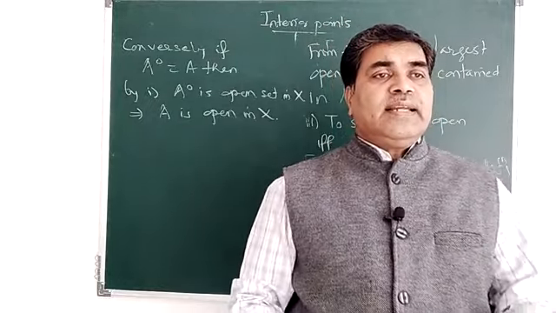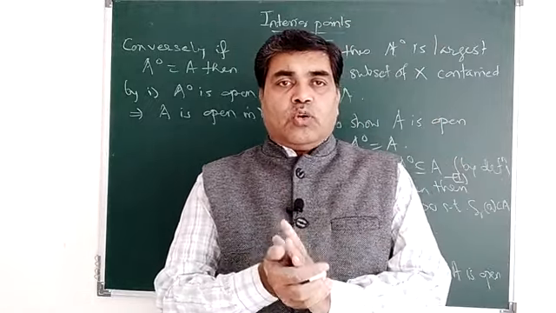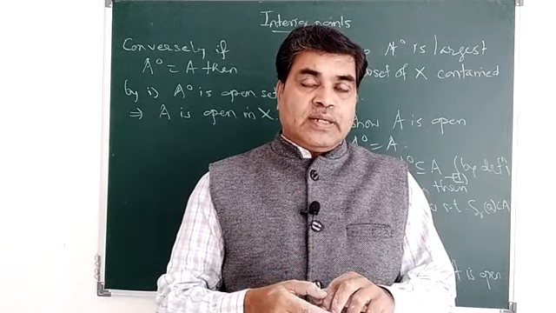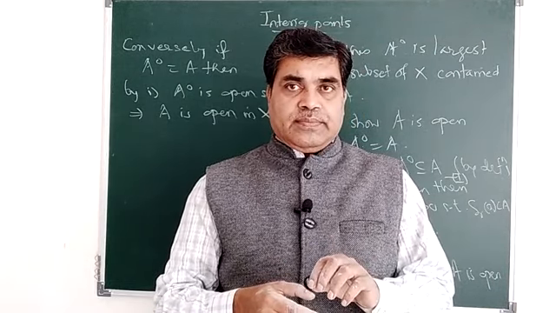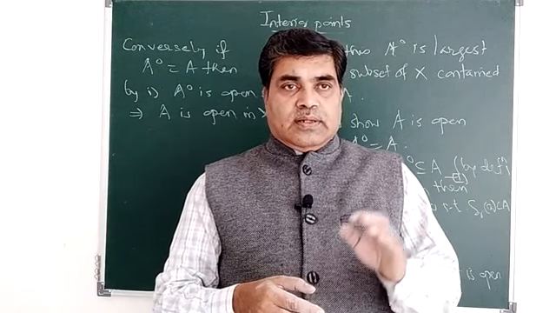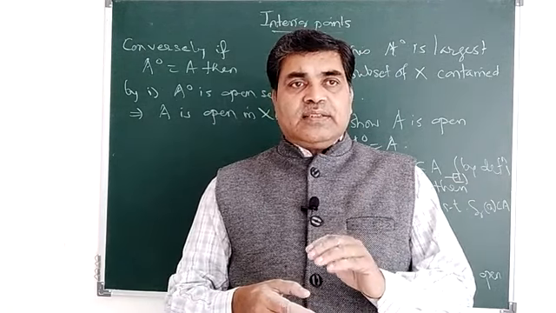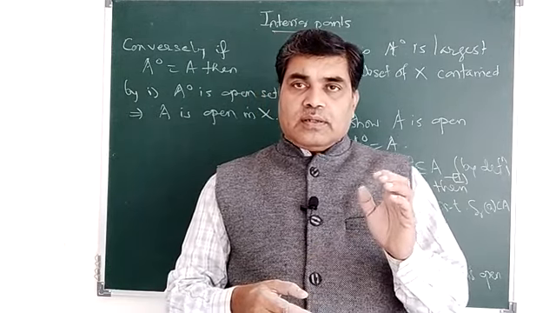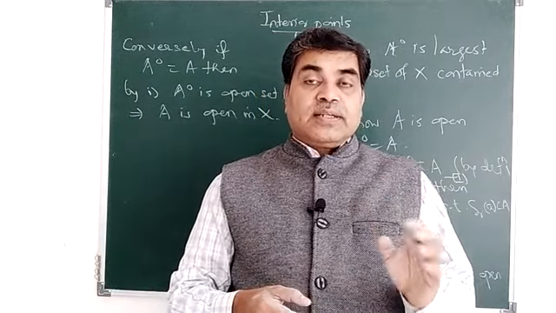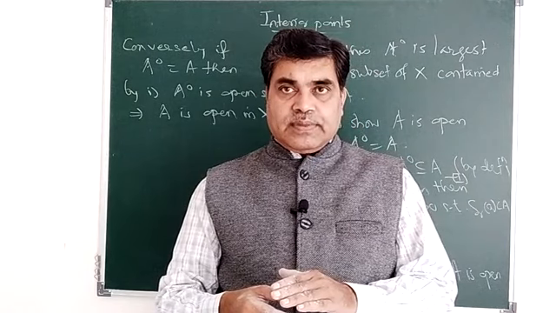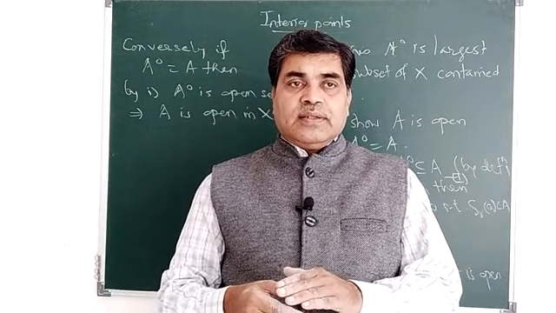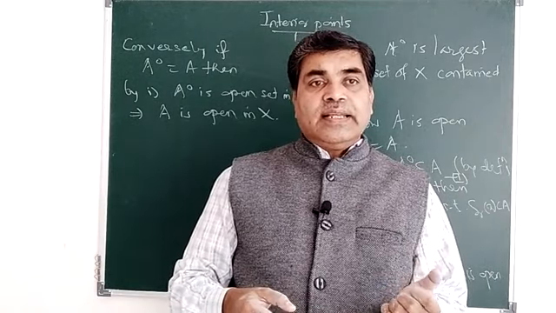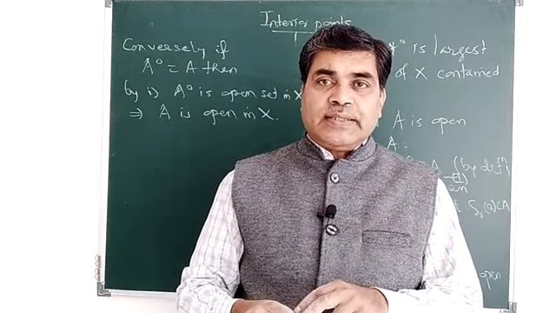Now we have to show that A interior is the union of all open subsets of X contained in A. A interior is also the largest open subset of X contained in A. Therefore, the union of all open subsets of X contained in A must be equal to A interior.